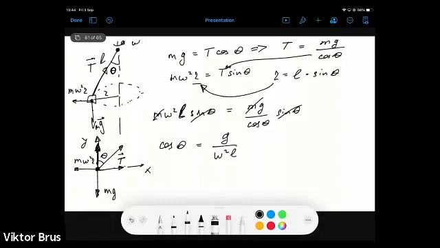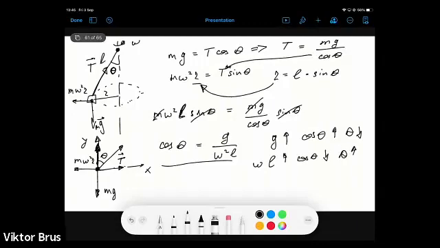So what do we see here? If we increase g, the acceleration of free fall, then cosine theta will increase, meaning theta will decrease. So a stronger gravitational field will result in smaller theta. Then for omega and for L, if we increase them, cosine theta will decrease and theta will increase.